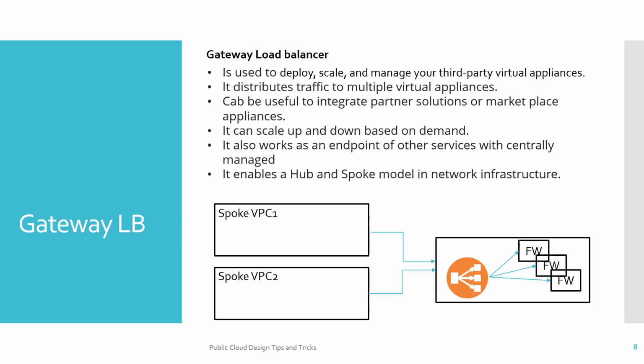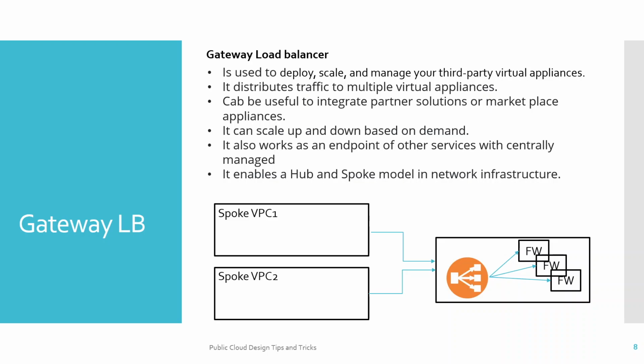It can also scale up and scale down based on the demand, and it also works well with the endpoints of other services when you are centrally managing this gateway. And it enables a hub and spoke kind of architecture within your organization.